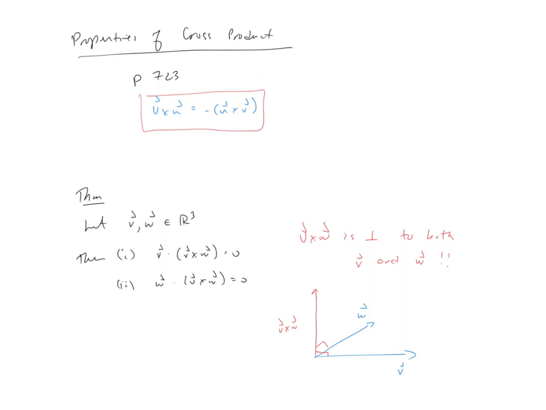Well, what does that mean in terms of the vector? Well, the -1 would just be the one that points down, still satisfying both of those conditions. So this one down here would be a negative V cross W.